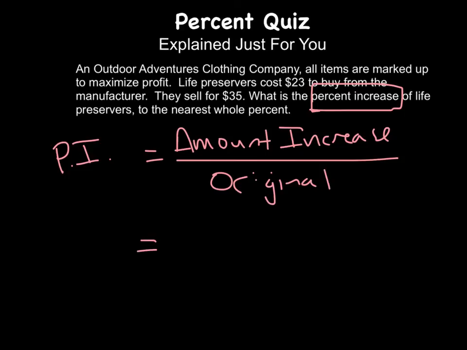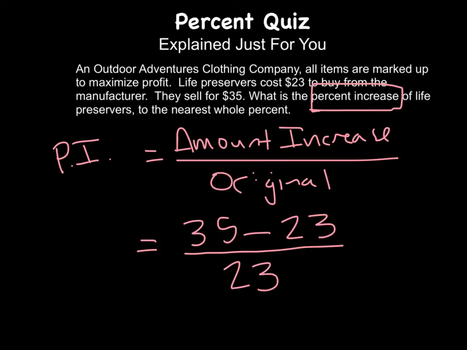So what I'm going to do is see how much it changed. I take my new price minus my original price. That's going to be the amount of the increase. And I'm going to put it over the original. So if we do a little math there, I don't have to use my calculator, but I'll go ahead and use it. 35 minus 23, I get 12 over 23.